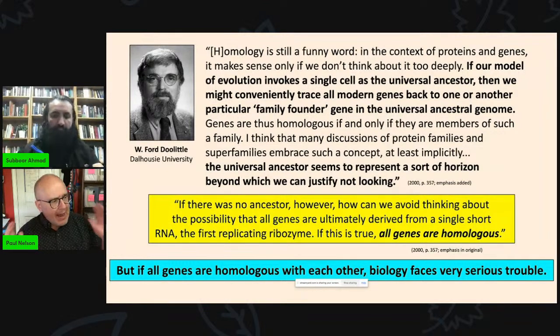Because what happens is if you adopt Doolittle's proposal here, you lose the ability to discriminate phenomena. You can no longer say genes X and Y, or genes X, Y, and Z are homologous and genes P and Q are not.